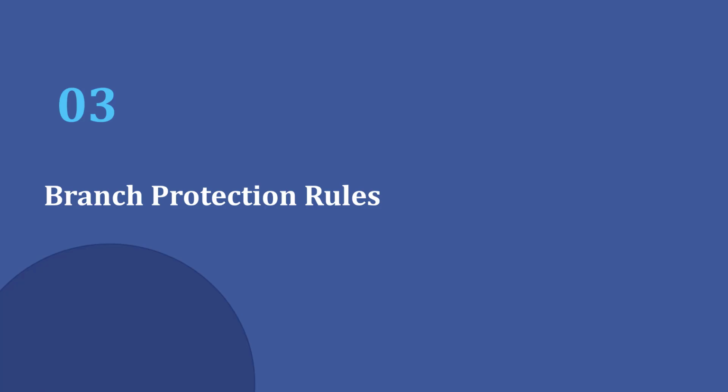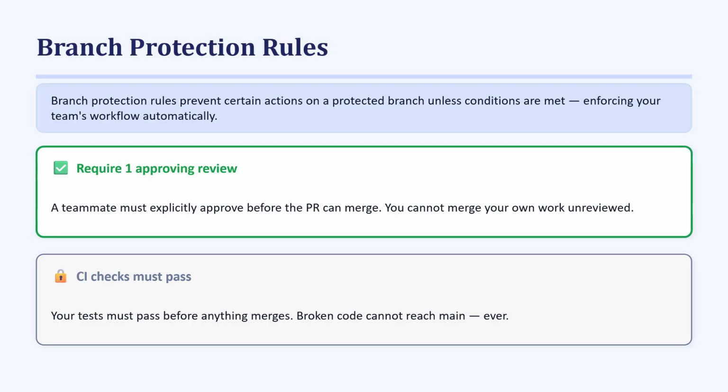So let's talk about branch protection rules, because these are rules that we can set up on a GitHub repo that prevent certain actions on a protected branch, typically main, that won't allow things to be merged unless specific conditions are met. These help enforce our team's workflow automatically and do not allow anyone to bypass them either on accident or on purpose.